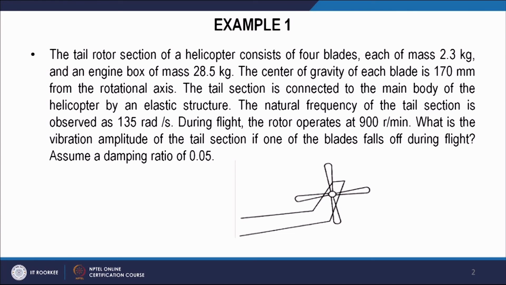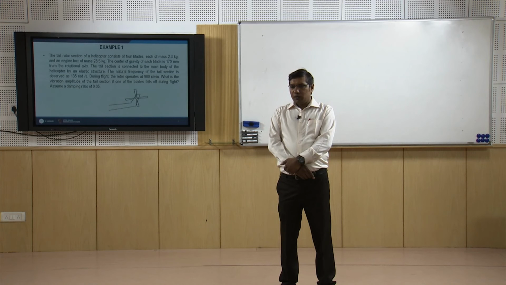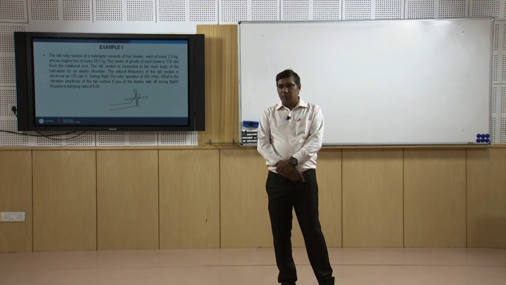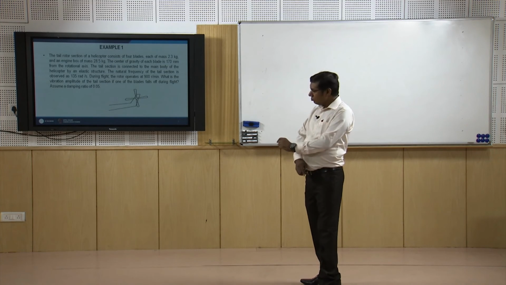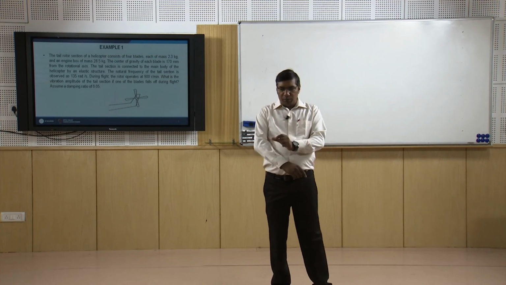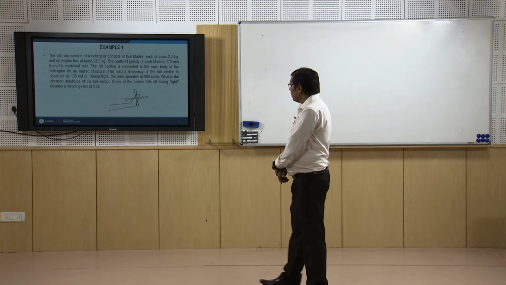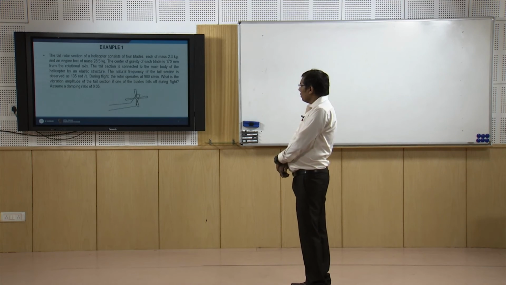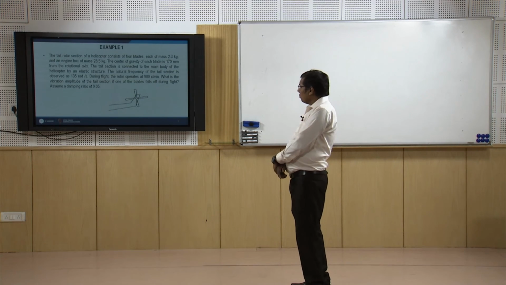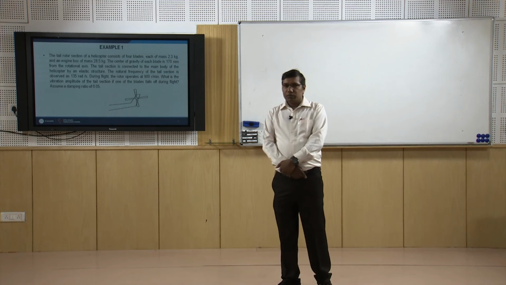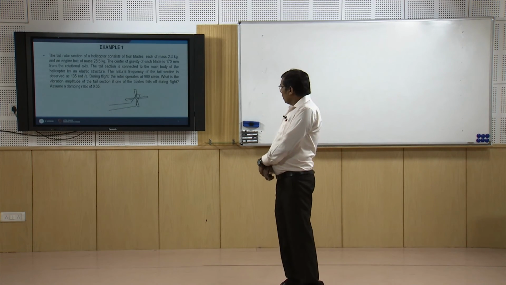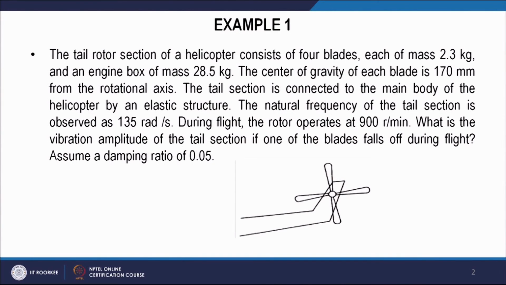So here we see that the blades are connected to the rotational axis and they are rotating about that axis, but their center of mass is 170 mm from the axis of rotation. Now this tail section is connected to the main body of the helicopter by some elastic structure, and the natural frequency of this section is 135 radian per second.